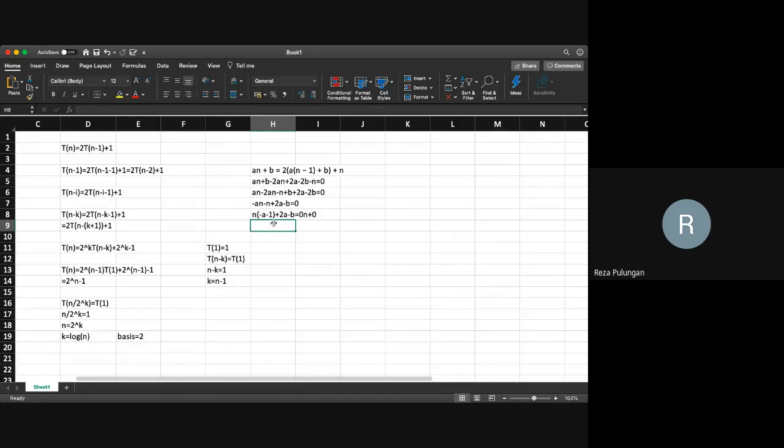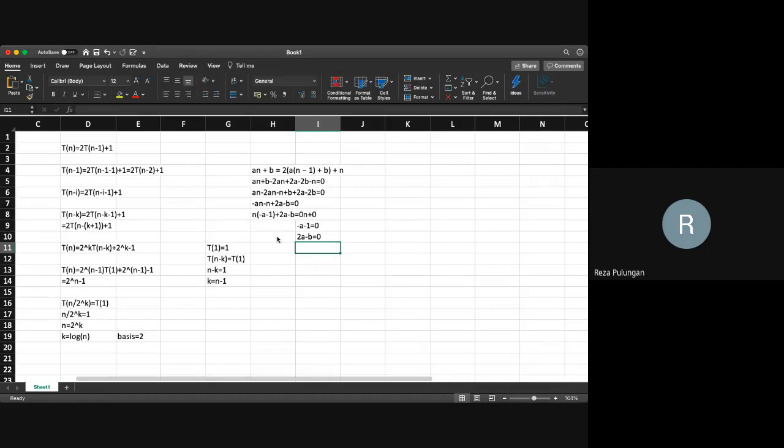It's just the same. So that means n times something, and what is the something? This is 0, and this one also is equal to 0. So the consequence is that minus a minus 1 is equal to 0, and another one is 2a minus b is also equal to 0.